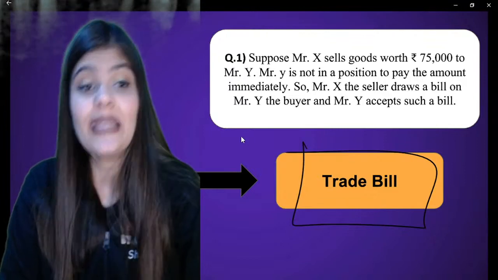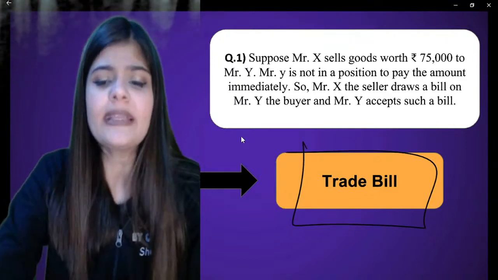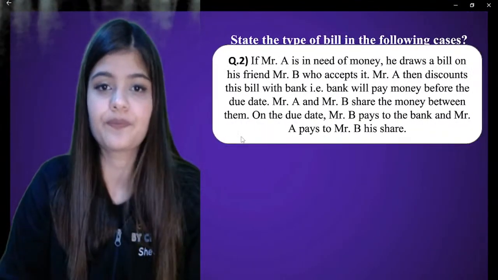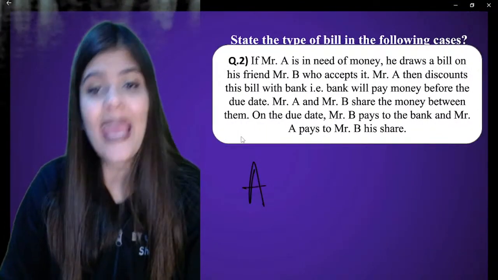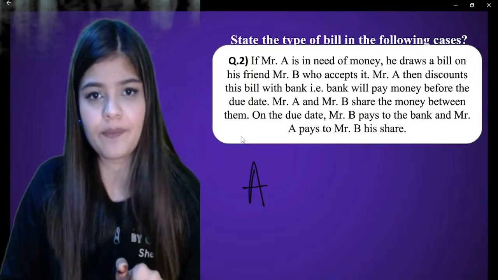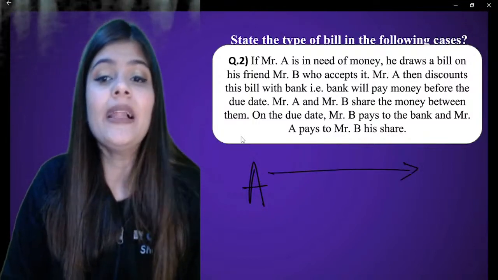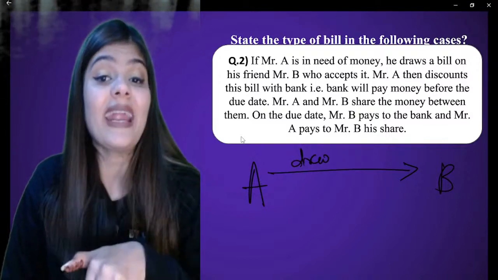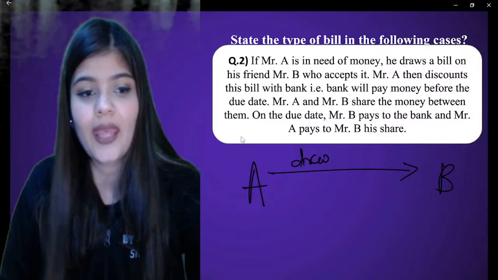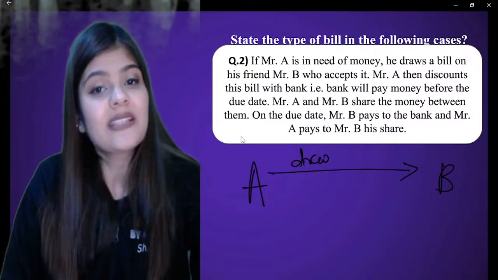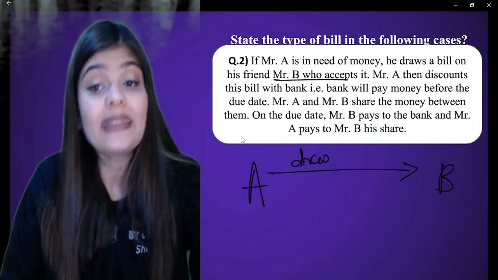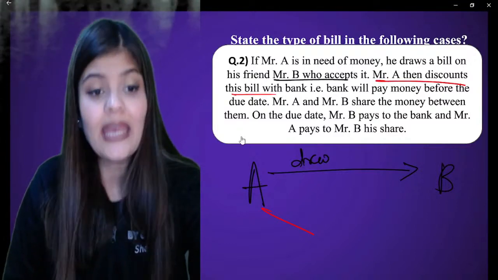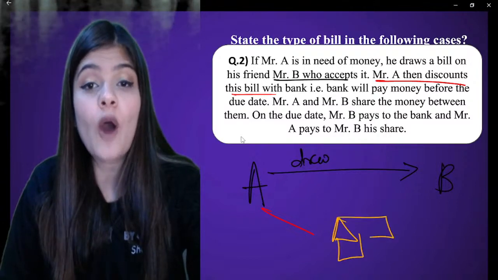Coming to the next question. चलते हैं आपके अगले सवाल की तरफ, and the next question is, Mr. A is in need of money and he drew a bill on his friend B. Also, Mr. B accepted, and then Mr. A discounted this bill from the bank.